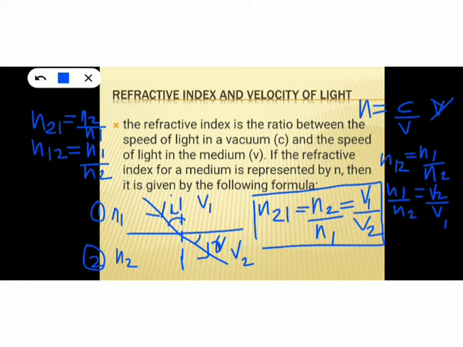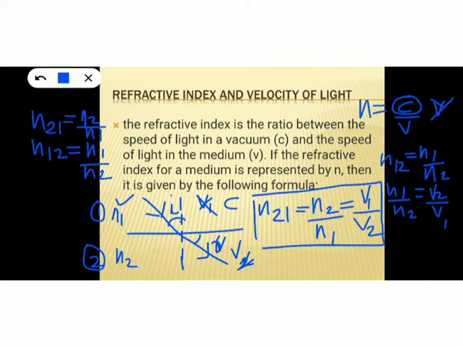Suppose here the first medium is air. If the first medium is air, I told you the velocity of light in air or vacuum is denoted by C. So V1 is now replaced by C. If there is no V1, no sense of writing V2. Listen carefully. If there is no V1, no sense of writing V2. So we can represent the speed of light in the second medium just by V. Okay.